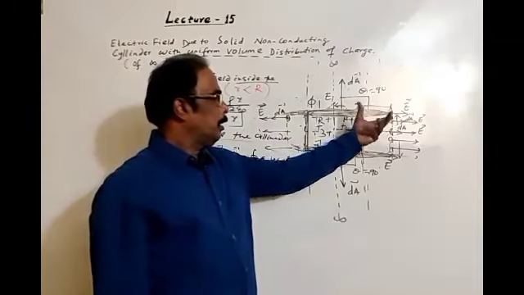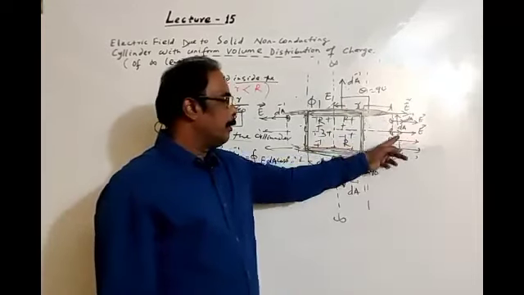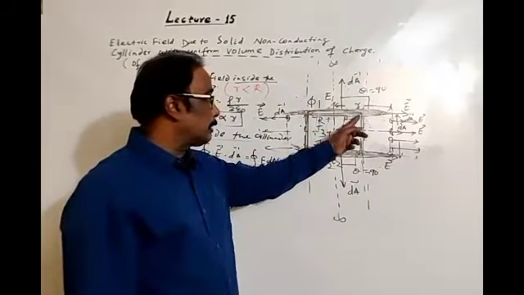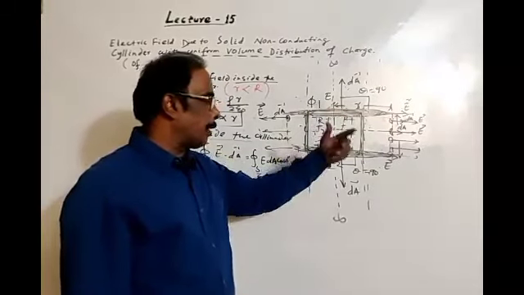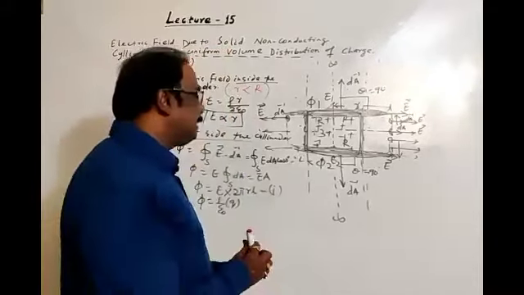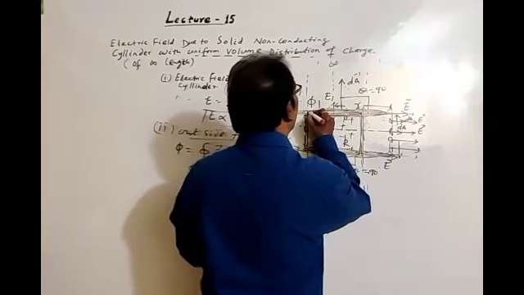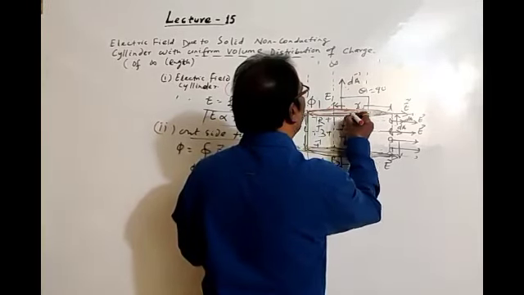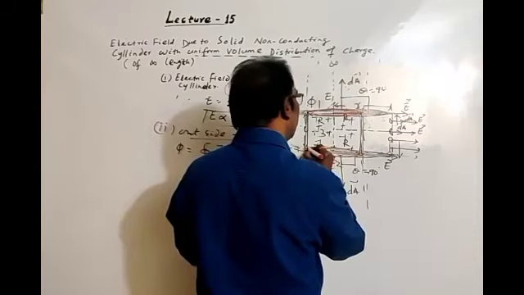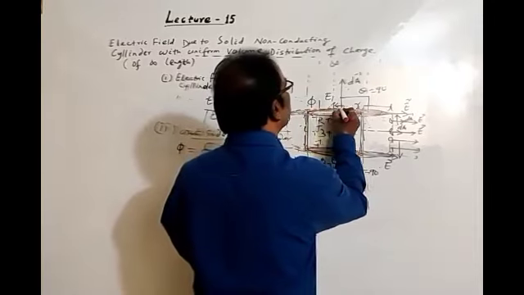The cylinder with cross-sectional radius small r is the Gaussian surface, but the cylinder with cross-sectional radius R is the one which is charged. I think this diagram is not looking good. This is our actual cylinder to which charge is given. The radius of this cylinder is capital R. This is the imaginary Gaussian surface.